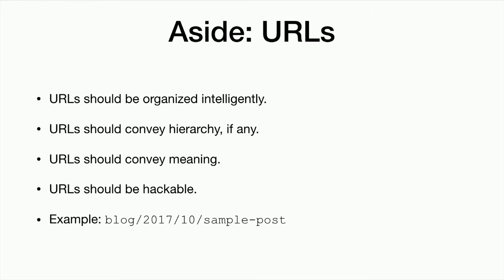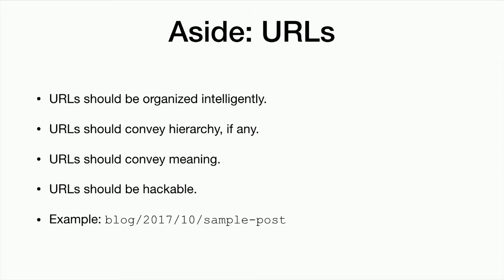If you have an About Us section and then staff underneath that, I would say it's about-us/staff would be the page. It also tells search engines, but also users, this is the About Us section of the site, this is the staff page, and if you go to the About Us section, you'll find more generic information about our company. I would say it should convey some meaning.